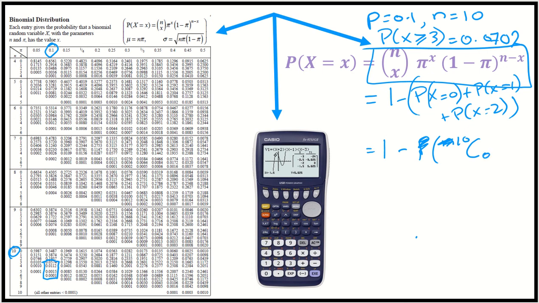Then I do the probability, which is 0.1 to the power of x, which I'm choosing as 0, times 1 minus 0.1 to the power of 10 minus 0. Then I'd have to do that again for each of them, and you can see doing it that way is going to take a moment or two, but we can do it that way. Particularly if we've got a probability that's not on the table, that would be what we would have to do, unless we go to our calculator.